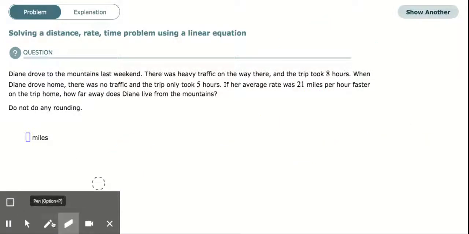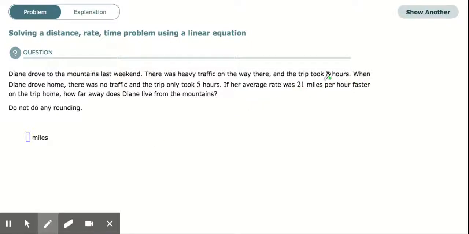All right, so let's think about what's my distance. What's my rate? Well, the trip took me 8 hours, and I'm not sure exactly how fast we were going, but I know that we're going and trying to figure out x, right? So 8x is equal to, on the way back, it took only 5 hours, right?